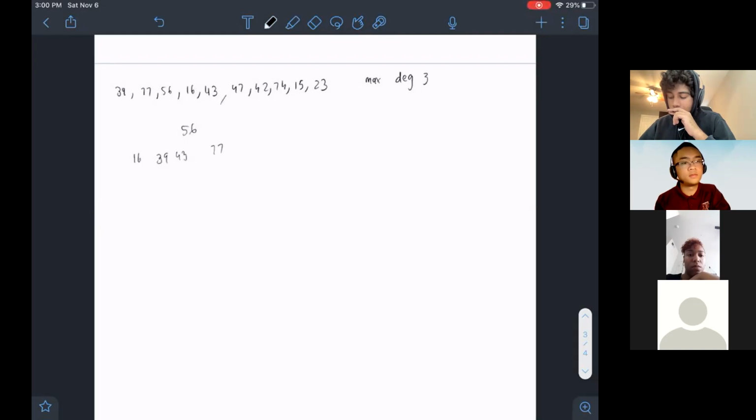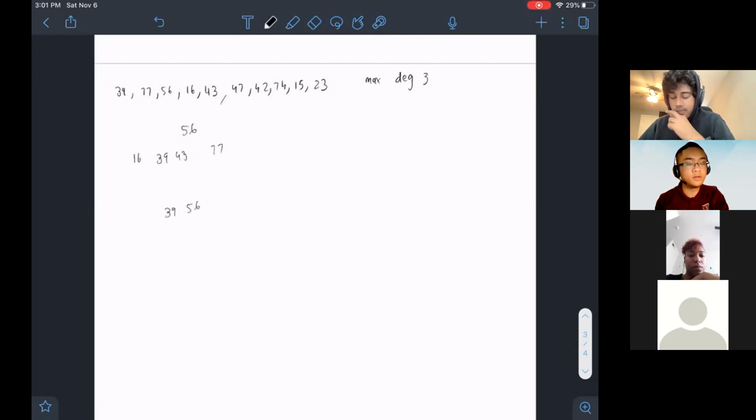And then what else? We have 23. 23 would join the left node of 39, but it can't do that, so 16 would become the parent.